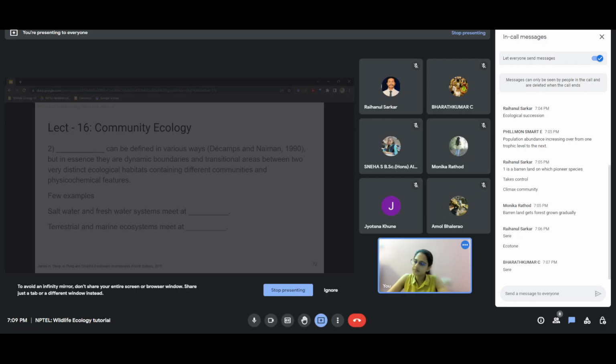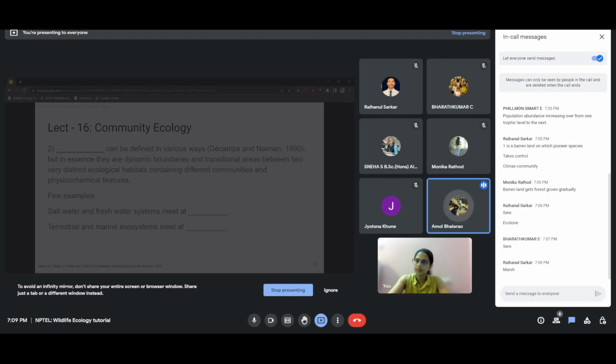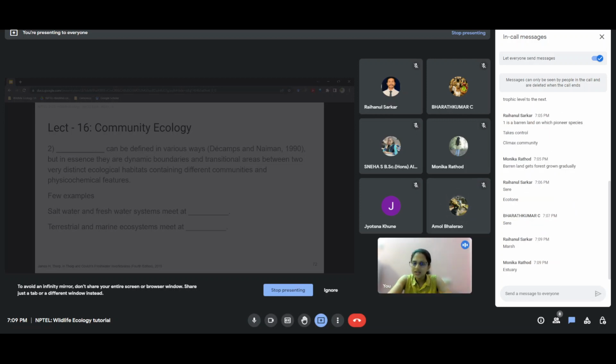Yeah, Amul? Diffuse ecotone. Diffuse? Sorry, I didn't get that. Diffuse ecotone. No, I'm looking for a word actually. And yeah, Monica has given the word. It's called an estuary. You have estuaries at the mouth of rivers where they meet the sea, in most common examples. The area where the saltwater and freshwater systems meet is called an estuary, which is actually an ecotone.